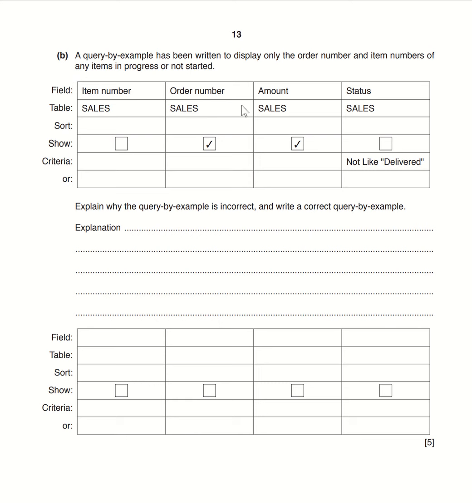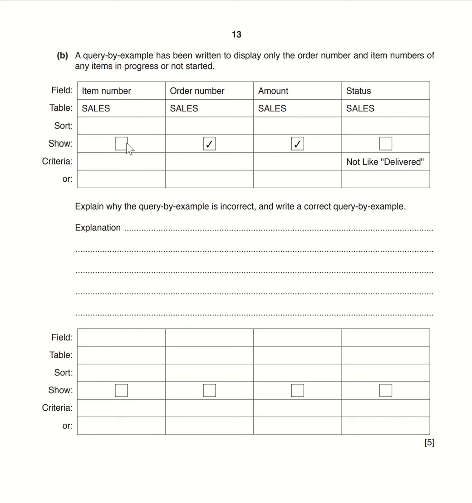This query by example shows only the order number and the item number of any items in progress or not started. So status should be in progress or not started. Let's see why this is wrong.